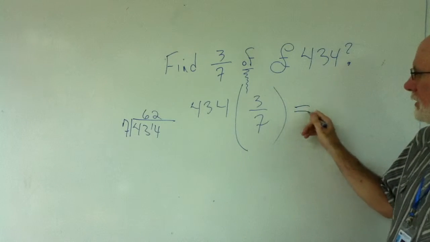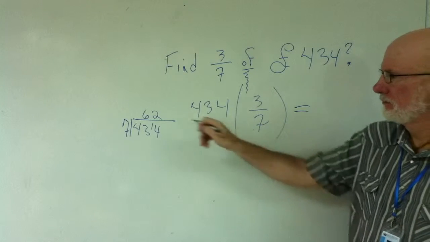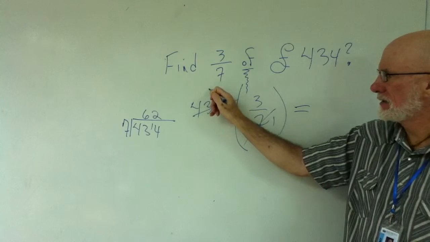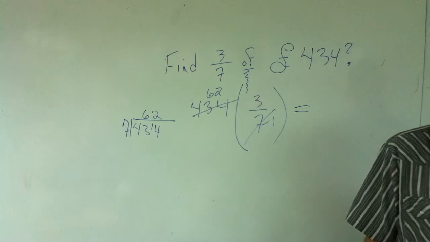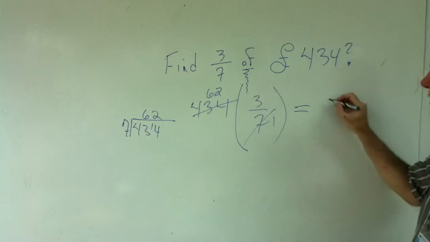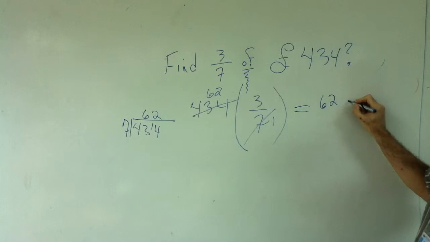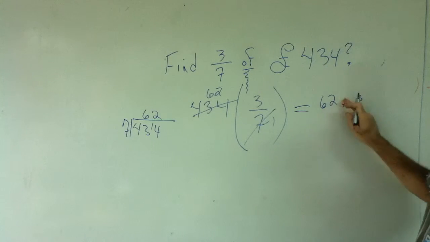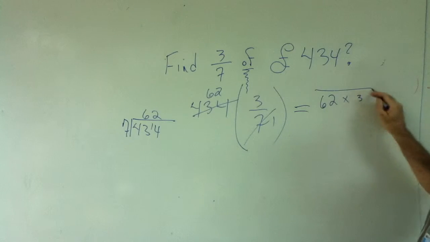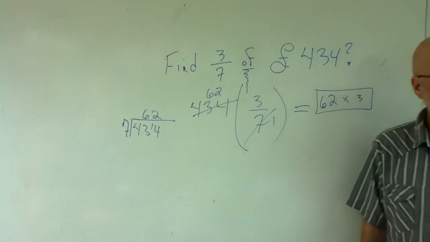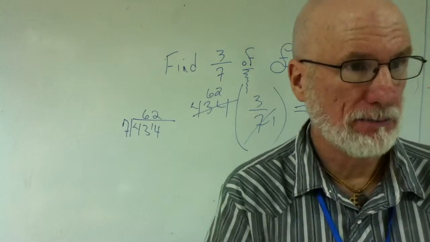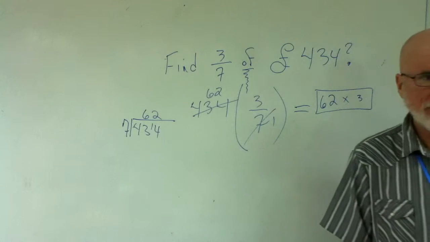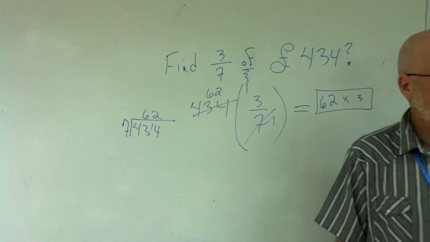Didn't I factor out a 7? 7 divided by 7 is 1. 434 divided by 7 is 62. Now let me rewrite it for clarity: 62 times 3, and that's it. Now let's simplify. What's 3 times 62? Can you do it in your head? 186. That's right.